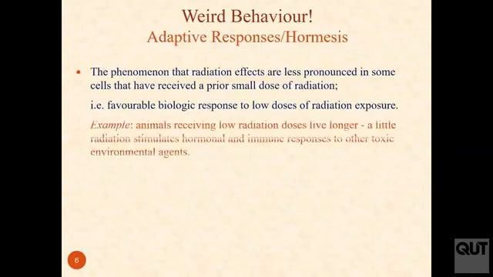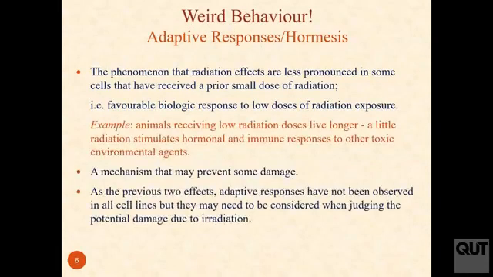There's also some other unexpected behaviour that can occur. One is that you can get an adaptive response or radiation hormesis, which means that sometimes things actually have a favourable biologic response to low doses of radiation. So, for example, some animals that receive a low dose of radiation actually live longer.